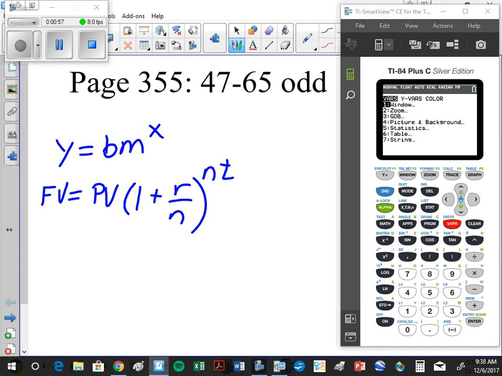If your interest is compounded at the end of the year, let's say you have 8%, you get 8% at the end.